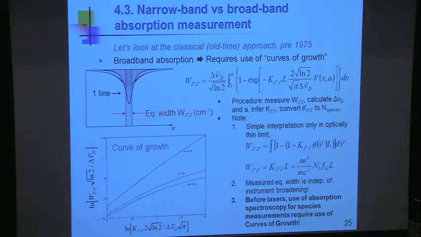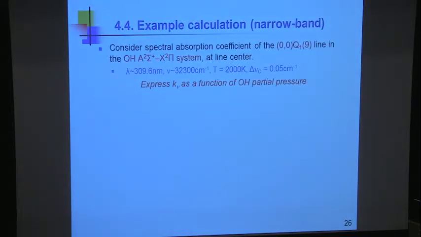But the bottom line is that people didn't have lasers, and they reported their results in terms of equivalent width, and for comparison with theory, they used curves of growth. All of that's changed. That was the way it was until 1980 or so. You're saved all of this agony.